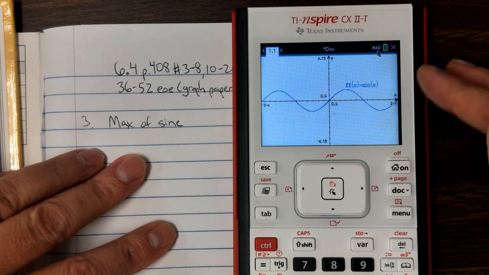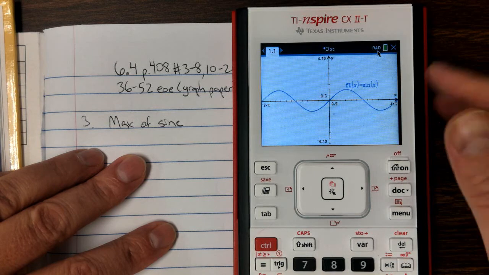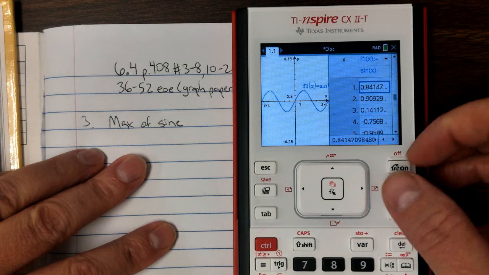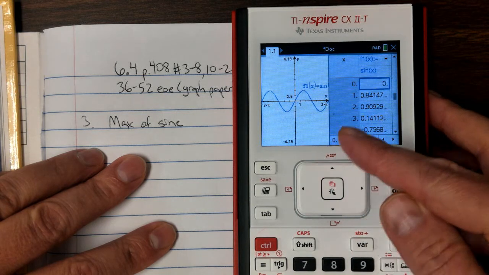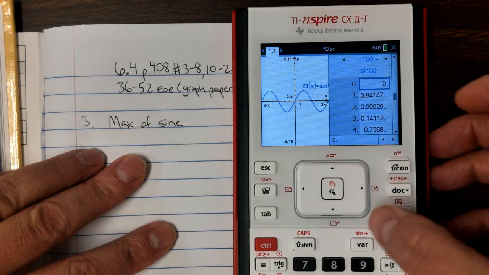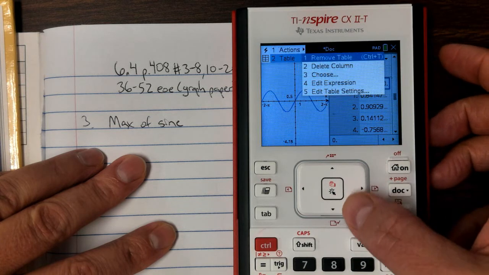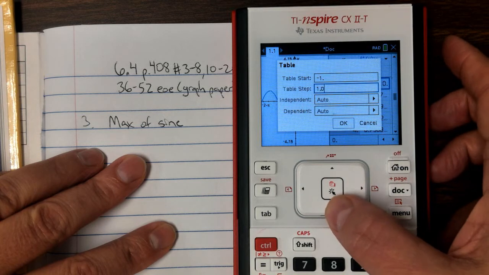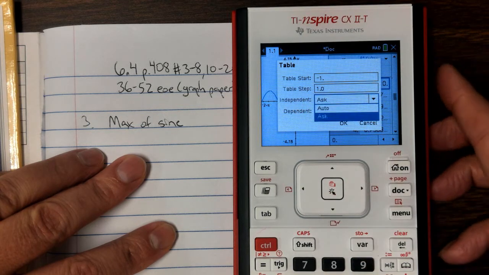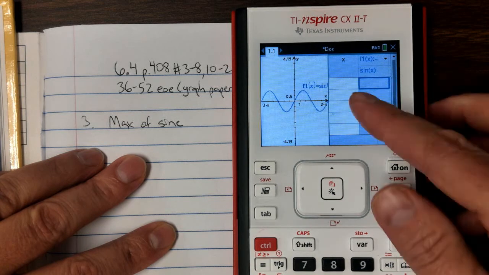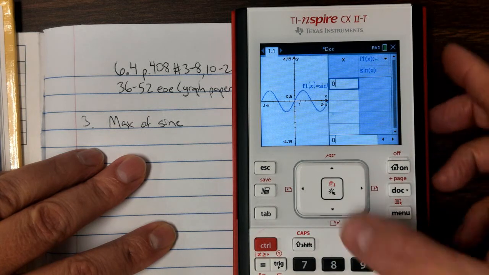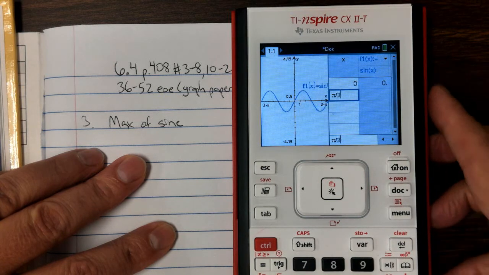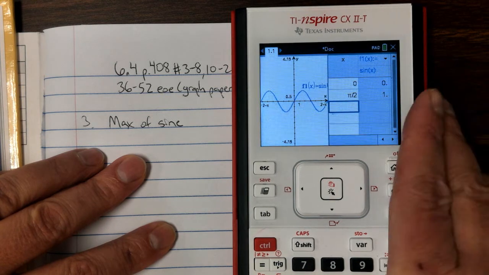And there's a whole bunch of other videos that talk about settings for your table. Just real briefly, Control T. Most of these numbers aren't going to make sense except for the 0, 0. So that's why you would go to edit your table settings and either go to ask, where it leaves it blank, and then you put in whatever you want, 0, pi halves, pi fourths.